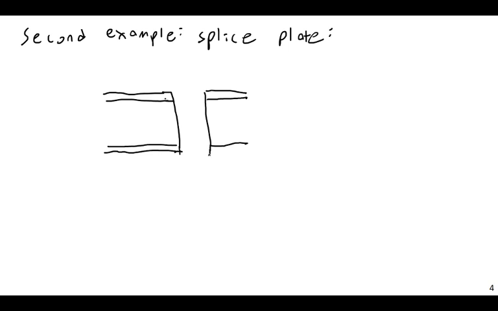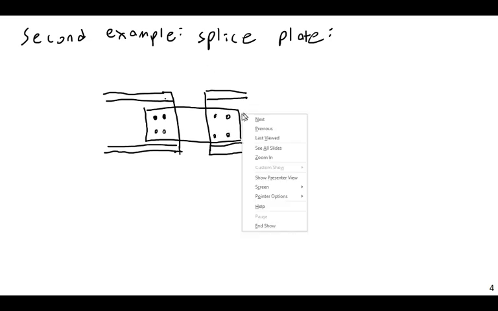And let's say I'm making a pin connection, so I only need to connect the web up. So I'm just going to put a big plate from here to here, and then connect it via bolts. Or I could also connect it with welds, either or. So bolts, bolts, bolt, and bolts. Bolt, bolt, bolt, bolt. And then I would have a P and a P. And a P.